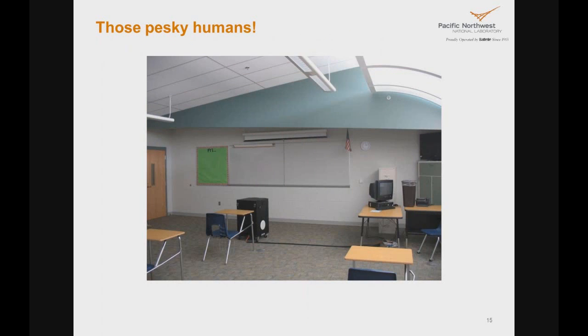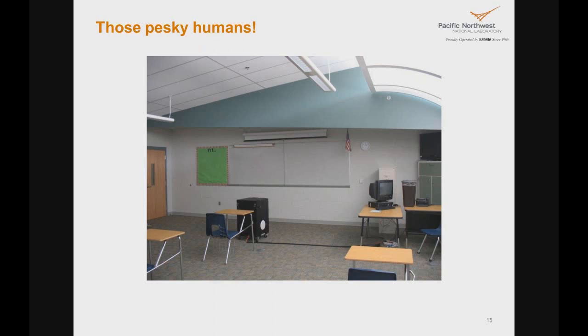And finally, the last most important factor are humans, those pesky humans. This is again from the same school, and you can see that it's a beautifully daylit classroom. It has this light shelf device which diffuses light into the room.